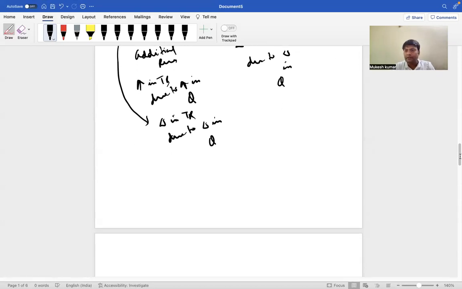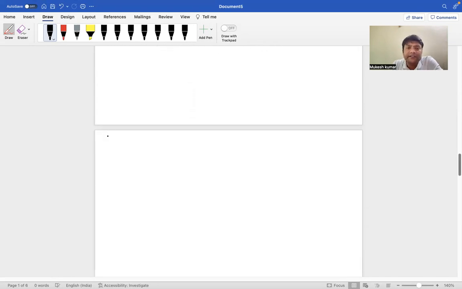Basically, if marginal revenue is greater than marginal cost, it means that by producing and selling extra units of the goods, the revenue the firm receives is greater than the cost of production of that additional good.